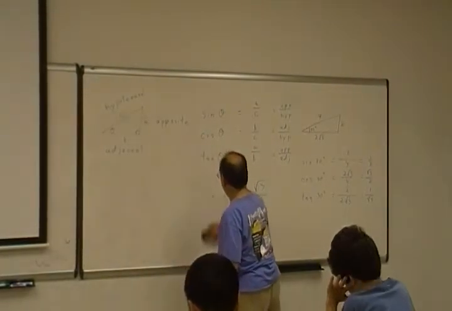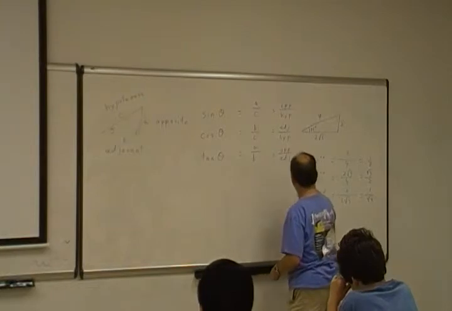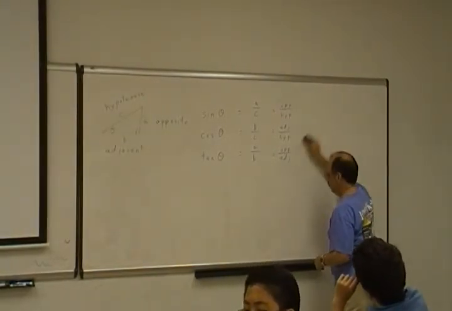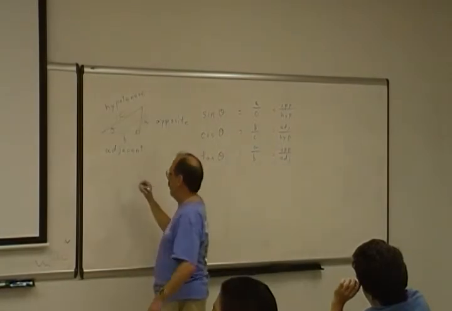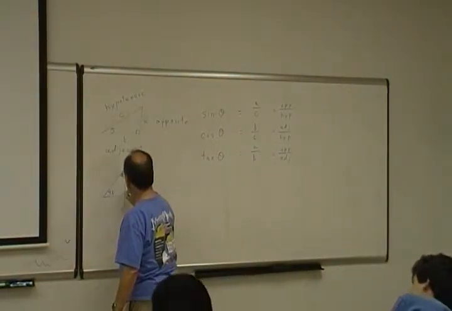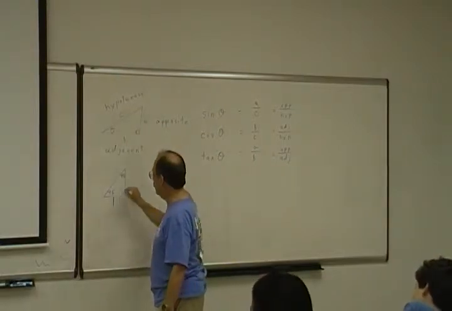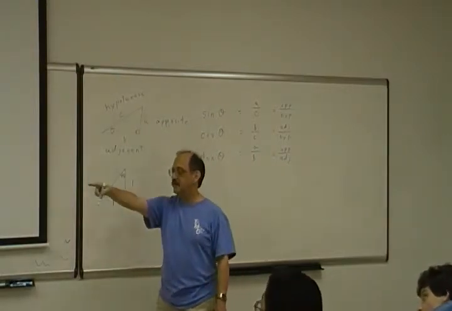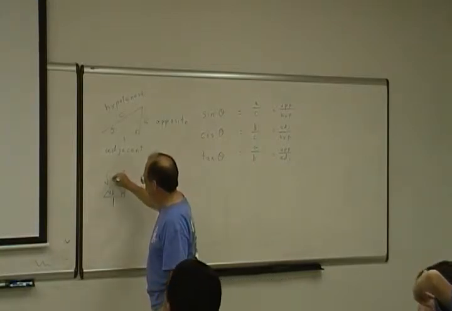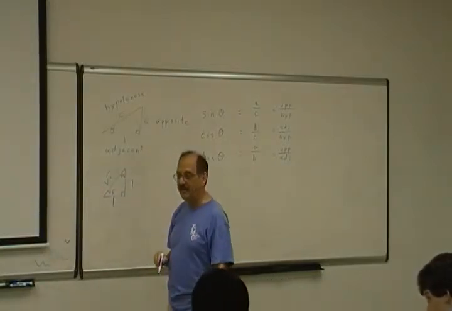Here is a 45, 45, 90. Okay? 1, 1. What's the third side? Square root of 2. Any questions about that?